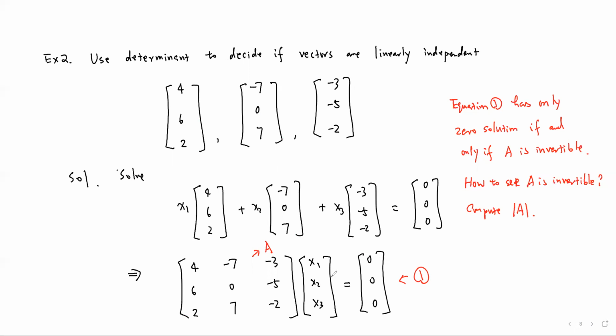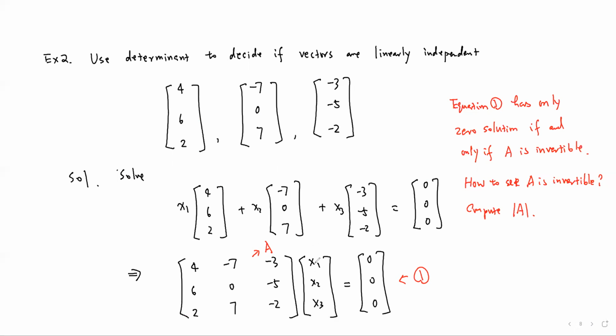So go back to this equation. Matrix A is singular. This equation has non-zero solutions. Non-zero solutions because one of the unknowns is a free unknown.